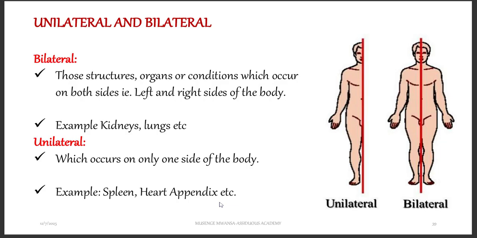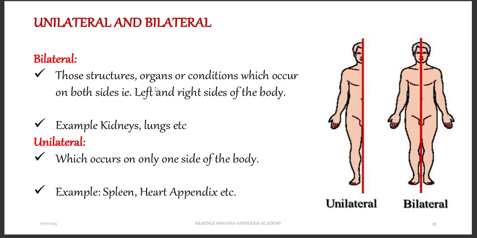Okay, so in that case they can turn. But unilateral refers to those structures or organs that are only found on one side of the body. Situs inversus is where the structures turn and then they're on the other side instead of where you expect to find them.